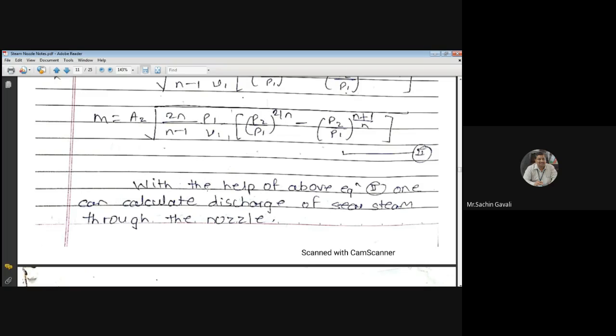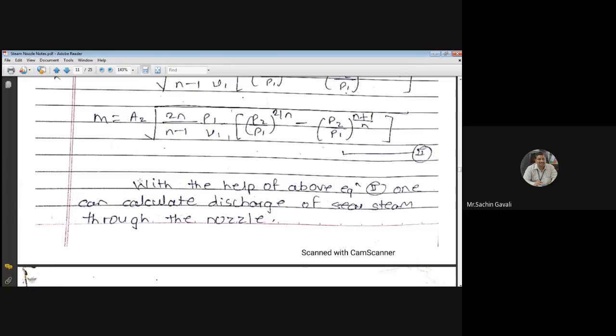So this P1 is the initial pressure of steam, the inlet pressure, so inside the nozzle it does not have any kind of effect. Then small V1 is the specific volume of steam at inlet of nozzle. Then on which important variable does this M depend?